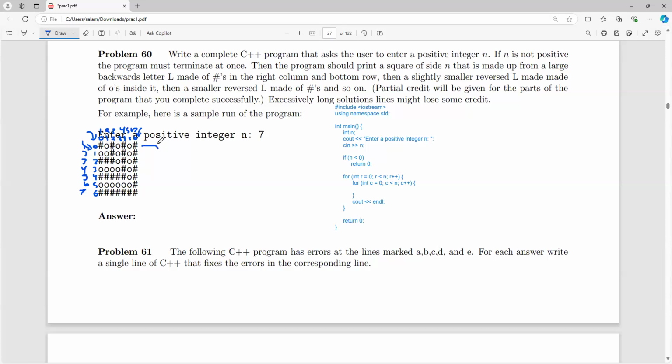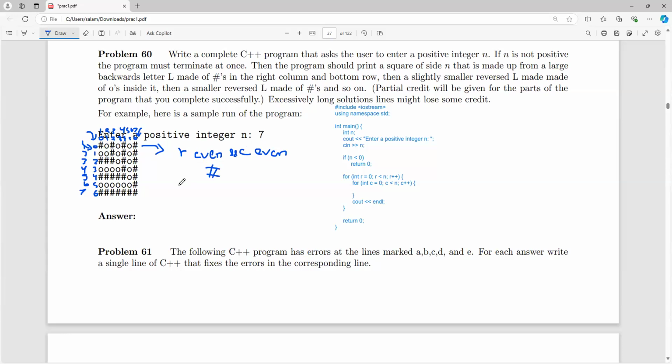So what are we seeing so far from the first row? When the row is even and the column is even, we print a hashtag.